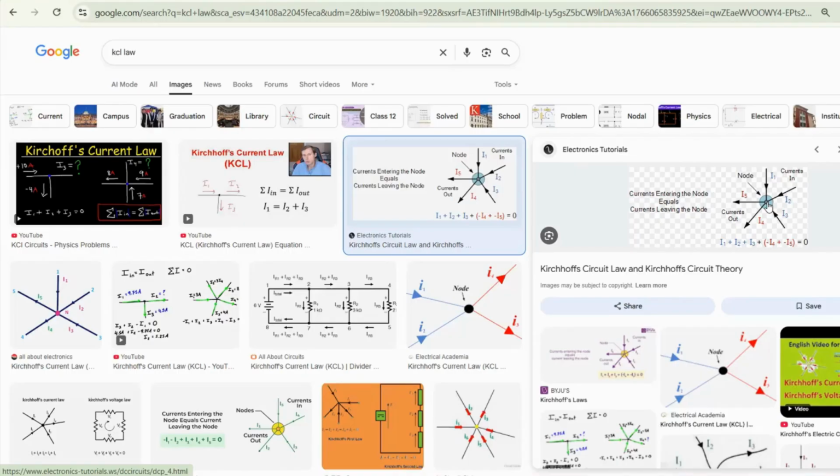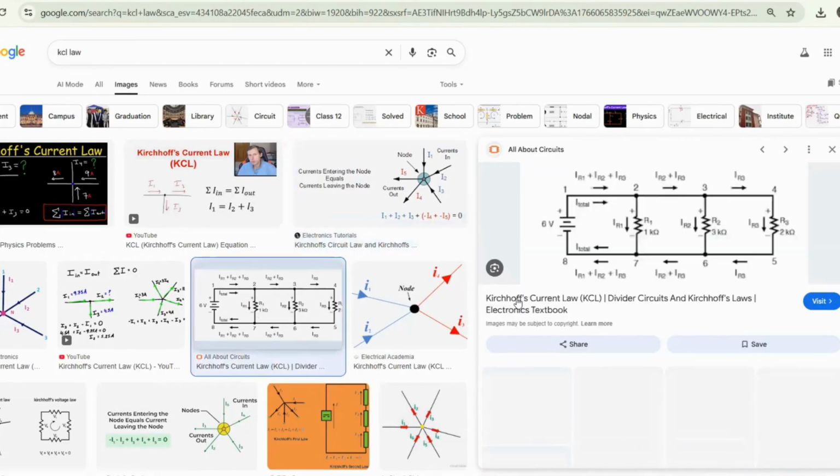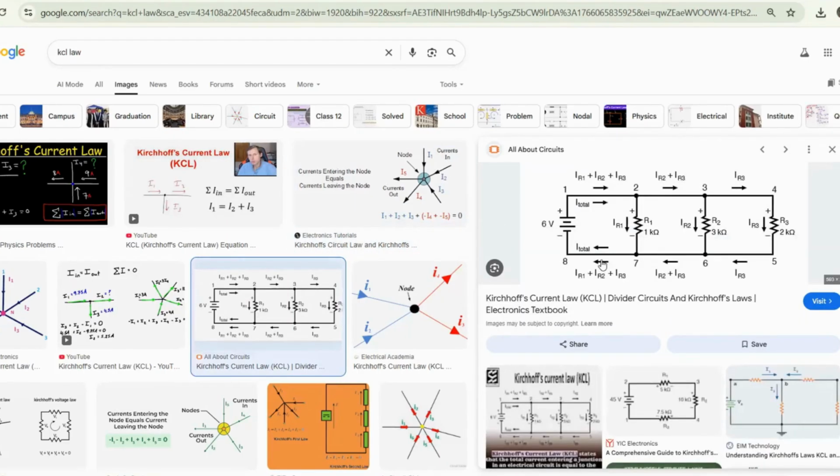Where do we need to apply KVL? In loops. See, let us consider this circuit. How many loops are there in this circuit? 3 loops. Yes, 3 loops are there. How many currents are flowing through this?